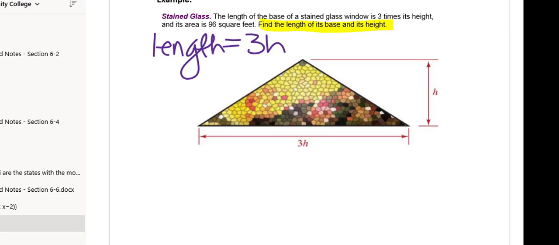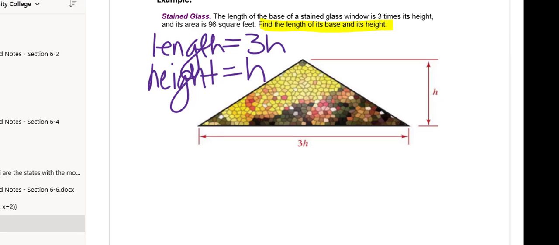It's given to you in the diagram. We also could have figured it out from the wording, because it says the length of the base is 3 times its height. But the diagram pictures are there to help us as well, and its height is equal to h. So it gives us a little bit more information, and it talks about its area.